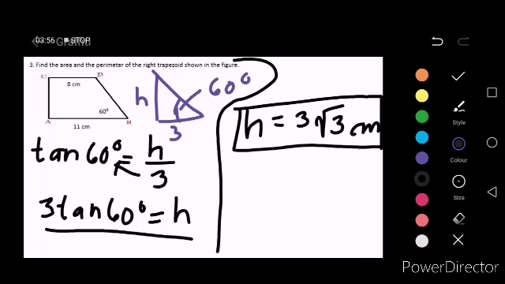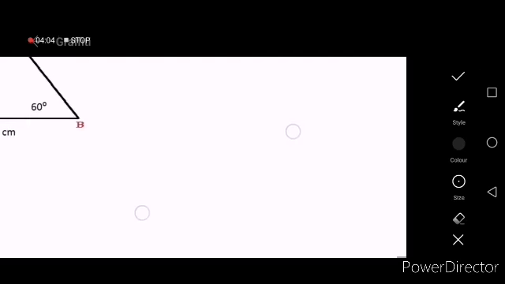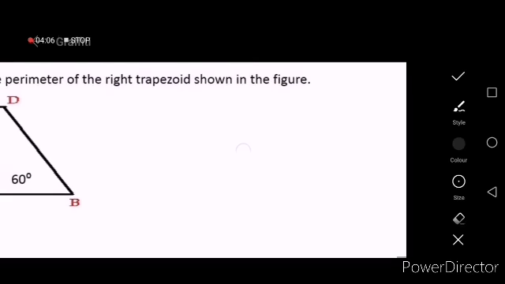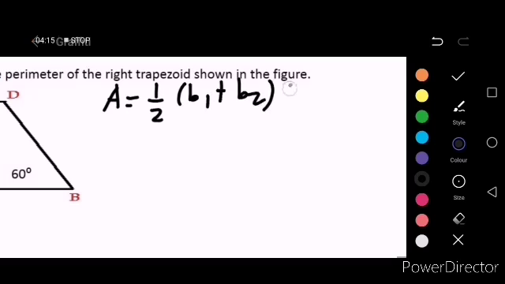Okay, so ano nang magagawa natin dyan? Yes, mahahanap na natin yung area. Bakit mahahanap na natin yung area? Kasi nga, meron na tayong height. So, 1/2 base 1 plus base 2, times height. So, area is equal to 1/2.